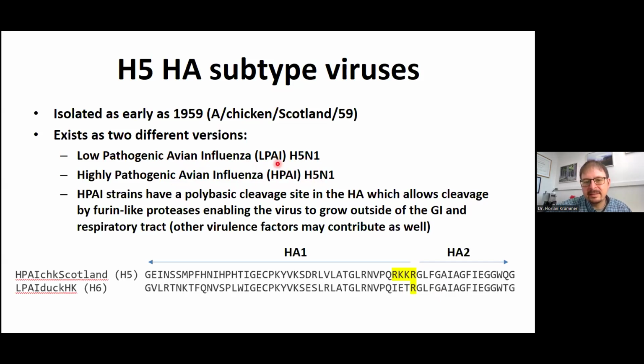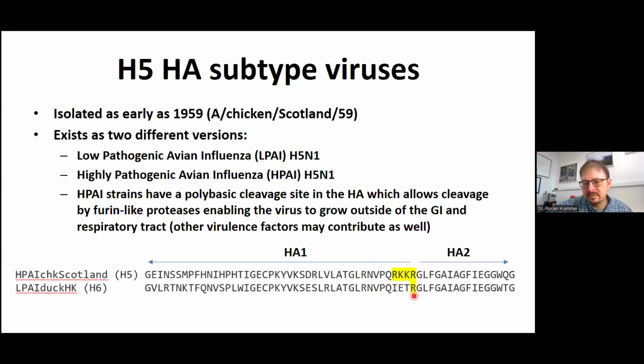Basically, the difference between these two strains in terms of disease is huge, but in terms of sequence, the difference is very small. I told you earlier that the hemagglutinin needs to be activated, right? So the hemagglutinin protein needs to be cleaved in two parts by host proteases. The low pathogenic avian influenza viruses have a monobasic cleavage site.